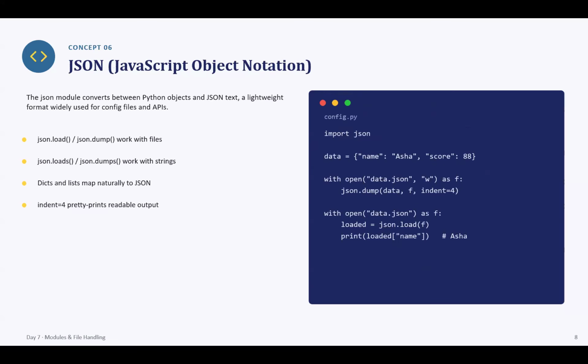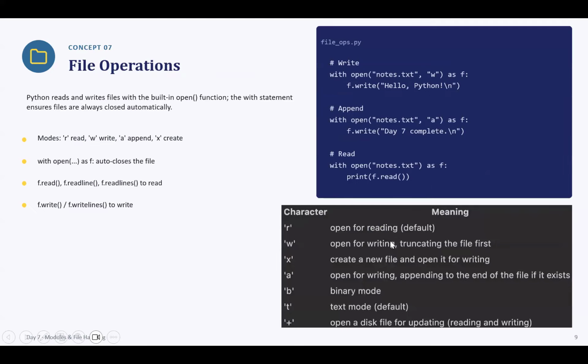Got it. Now the same case with the JSON one. If you see what I'm doing here, I'm passing the data. So I'm going to open a data JSON file and I'm doing the write function over there. W means write. Okay, here it is, everything I mentioned. W means to open and write. R means open and read. X means create a new file, open it for writing.